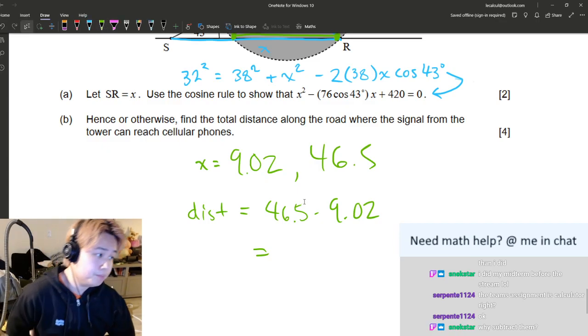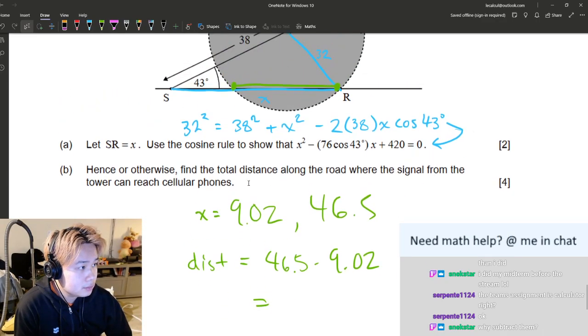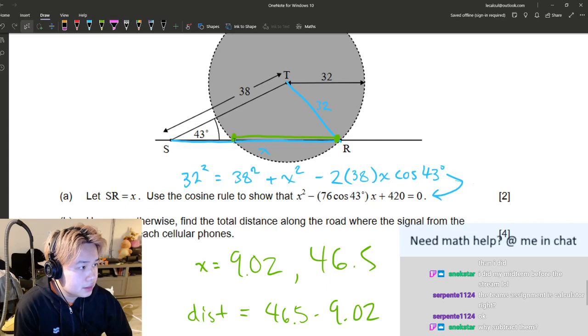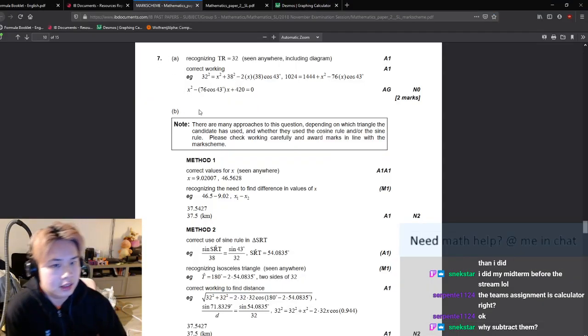I have no idea. So are they assuming that this is one x value and then this is the other x value? But then that doesn't make the diagram anymore. So like look at their answer key, right?